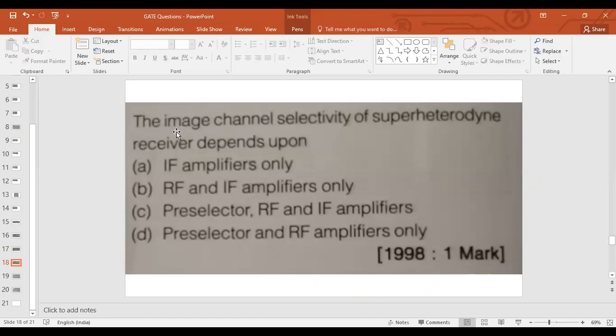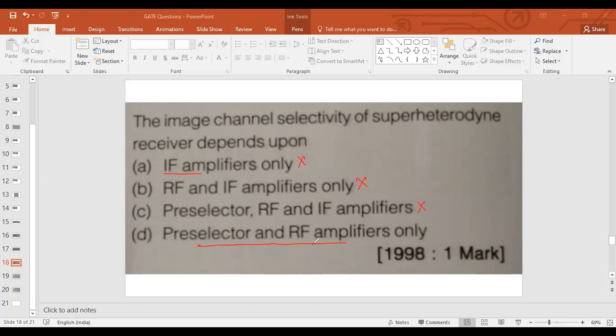Again, the image channel selectivity of super heterodyne receiver depends upon... Sir, preselector and RF amplifier only. So preselector and RF amplifier only. तो हम देख लें यहाँ पर IF एम्पलीफायर ये तो नहीं हो सकता है, RF और IF एम्पलीफायर नहीं हो सकता है, preselector RF और IF एम्पलीफायर नहीं हो सकता है.